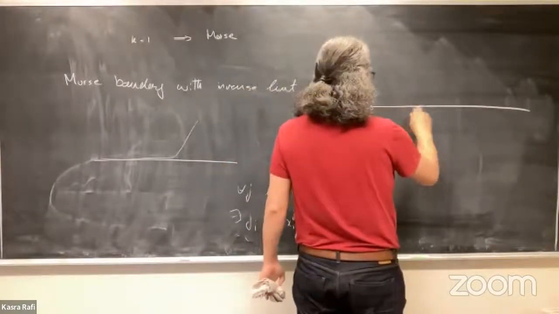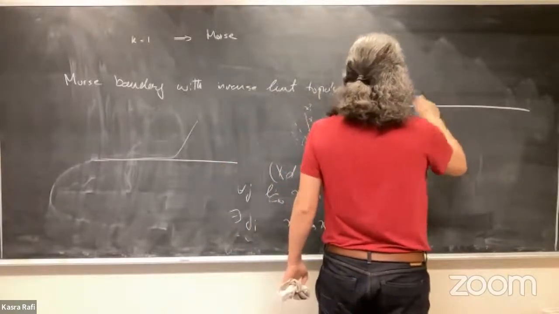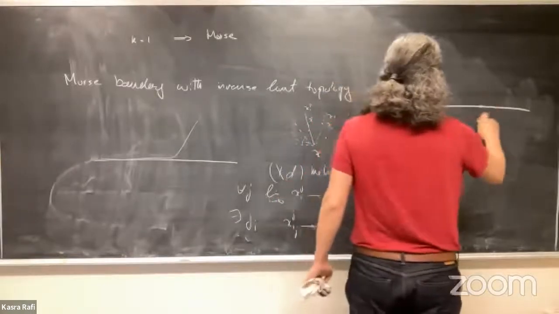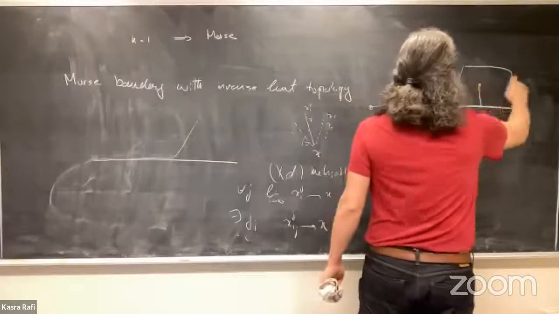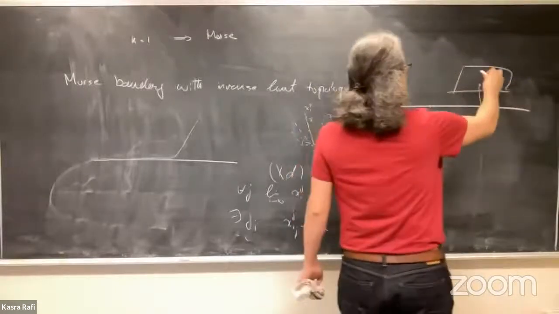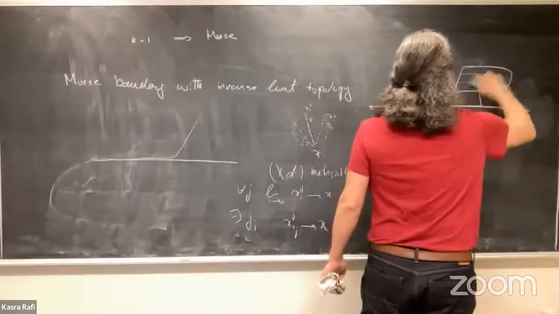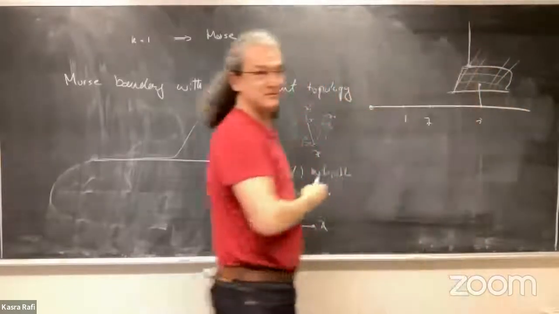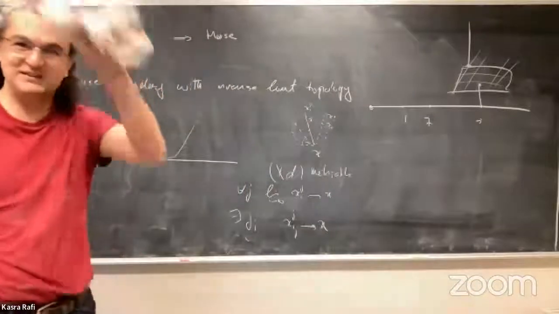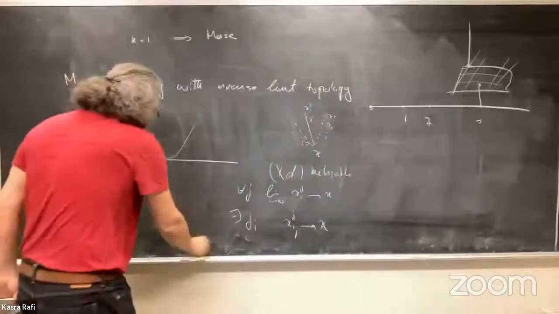At each integer point i, pick a stick coming out, attached to a plane, and in the plane have a whole grid, and at each grid point have a line coming out. Okay, so this is my weird space that I just built exactly for this example.